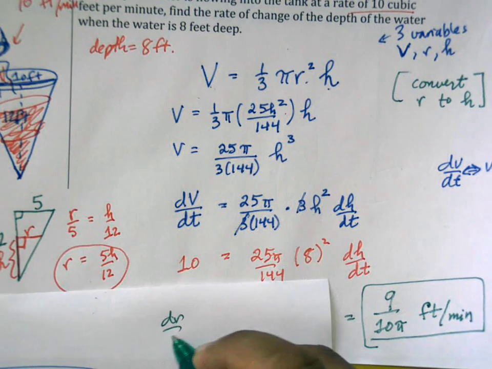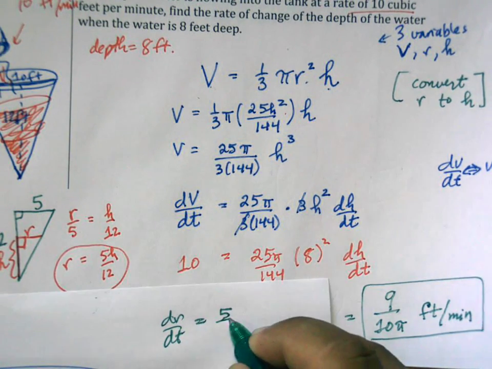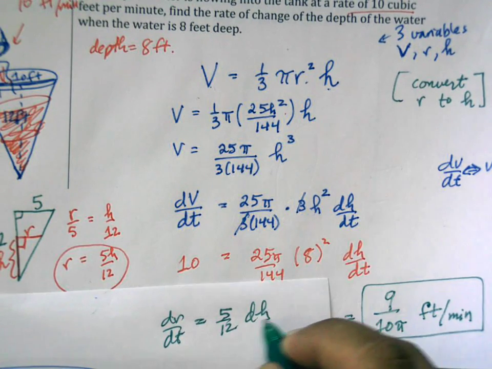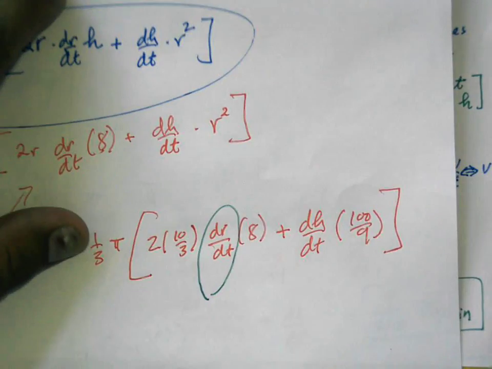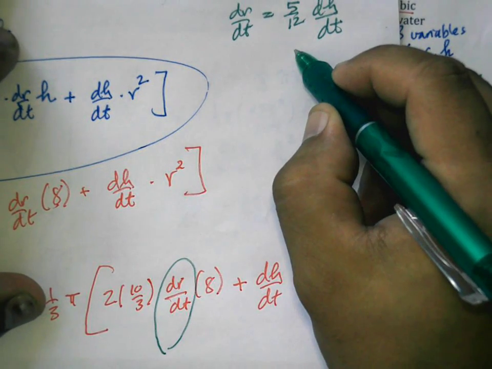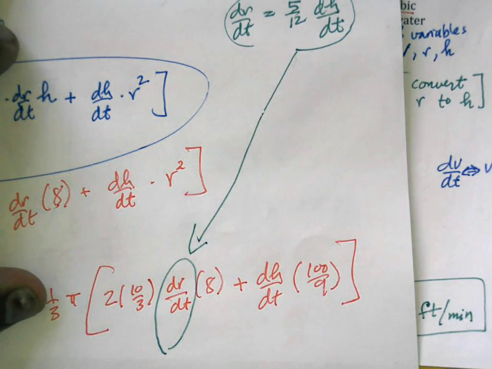So that means dr over dt is equal to 5/12 dh over dt. Then I can take this result and plug it back into here.